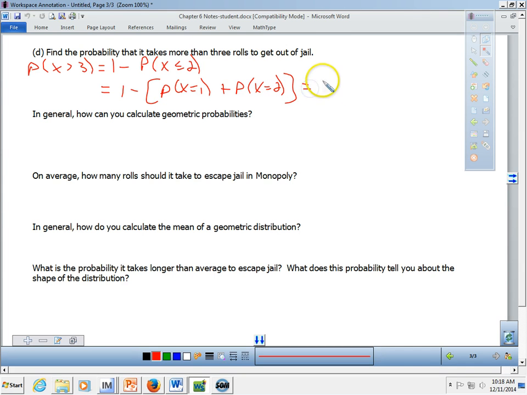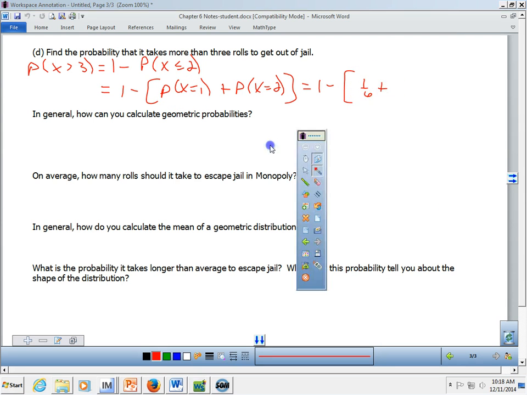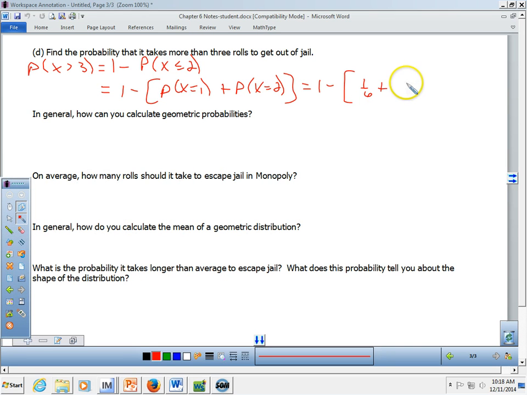Well, we can use the formula here, 1 minus the probability of getting success on the very first roll. It's just your probability of success, 1 in 6. We just talked about that. What about the probability of your success happening on the second roll? Well, what had to happen? I had to fail the first time, so 5/6, and then I had to succeed the second time, so that's times 1/6, and we'd go do that math.